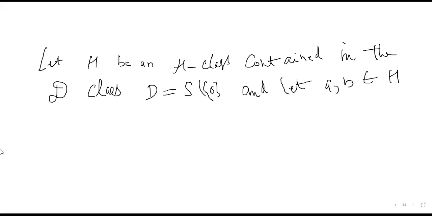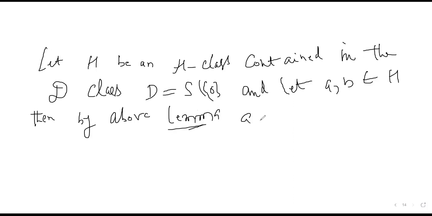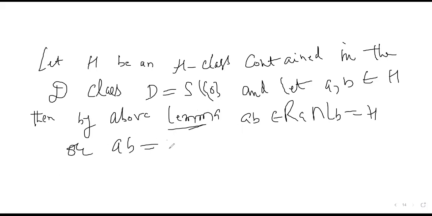Then by the above lemma, lemma 4, the product AB belongs to R_A intersection L_B, which is H, or the product AB is 0.